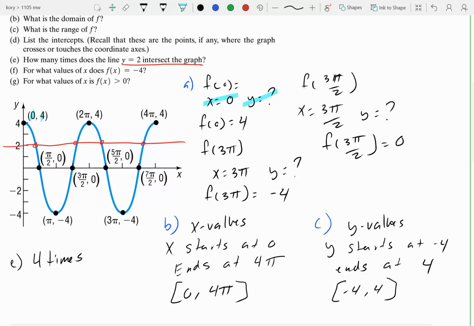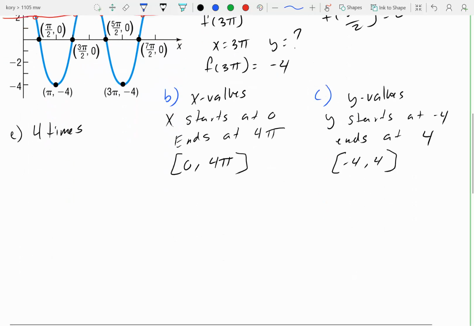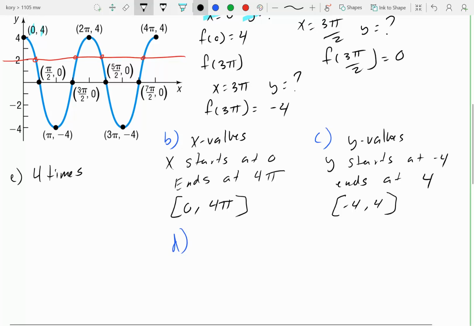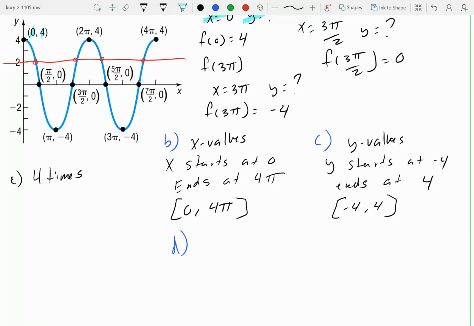Oh, I forgot D. I forgot to list the intercepts. Alright, so for D, my bad. For D, it just wants the intercepts. So where on this graph does it cross the y-axis and x-axis?